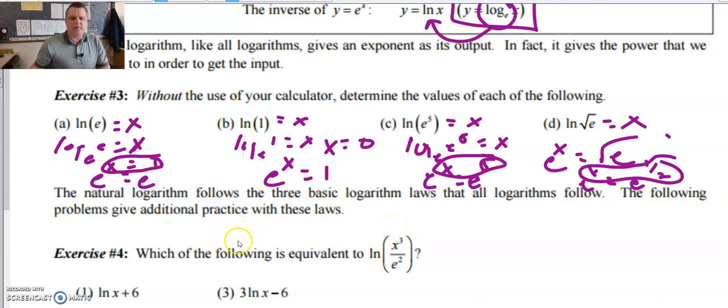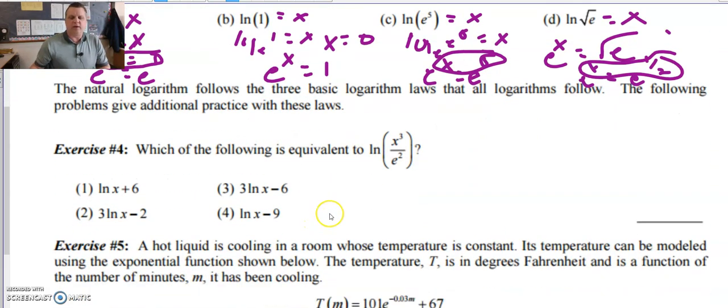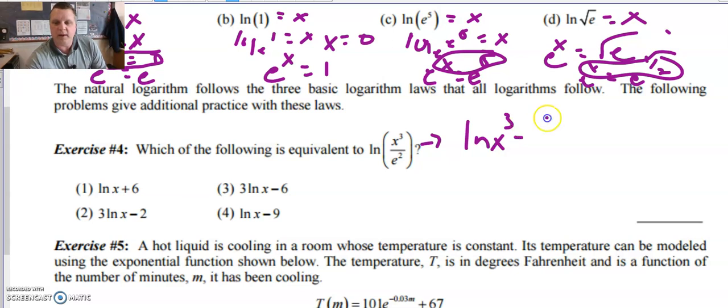Now, the natural log follows the same basic laws of logs that all logarithms follow. So if we have division, it goes with subtraction. Multiplication goes with addition. Power rule, same thing, comes down in front. Okay? So with this here, exercise 4, if I was to evaluate this, this would be ln x cubed minus ln e squared.